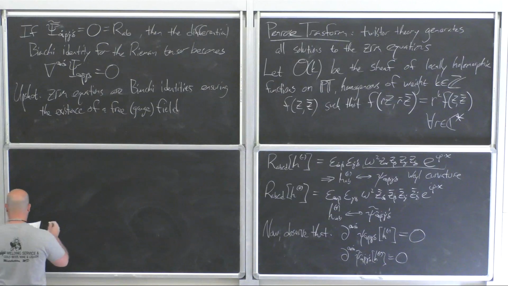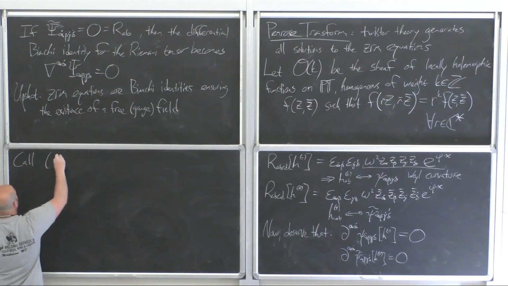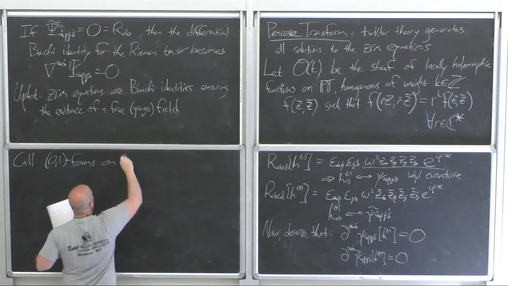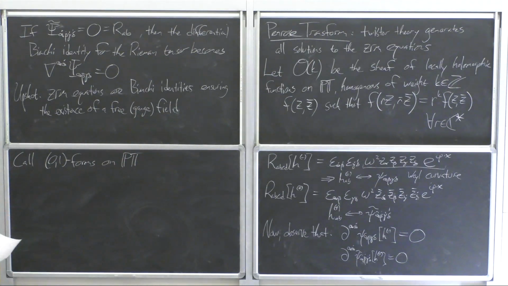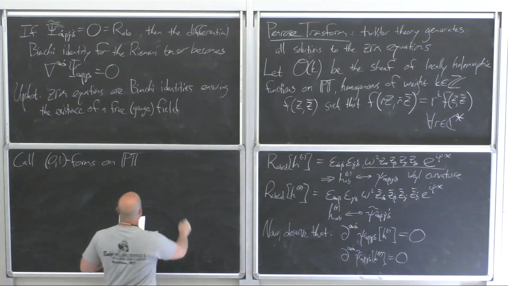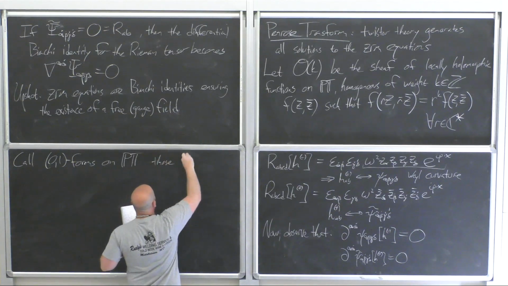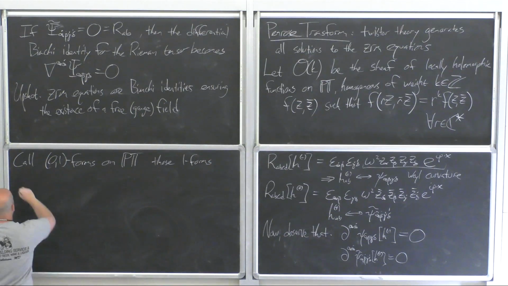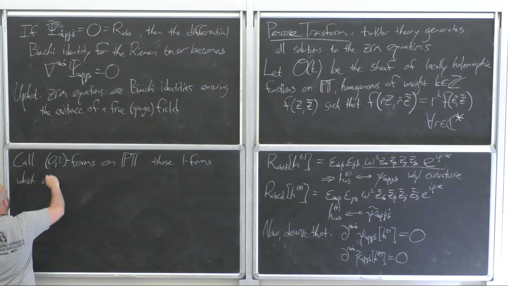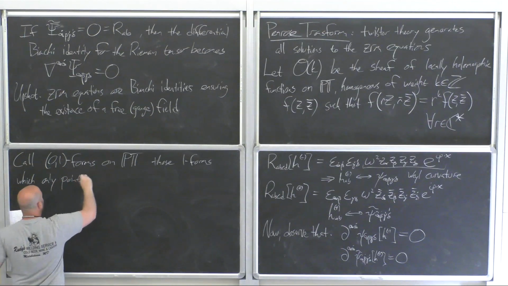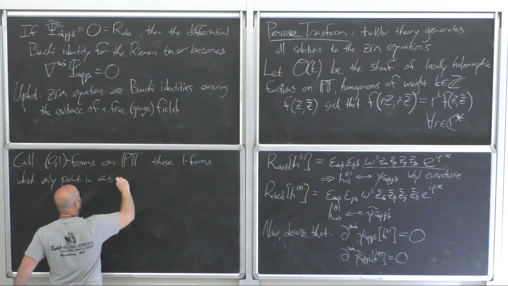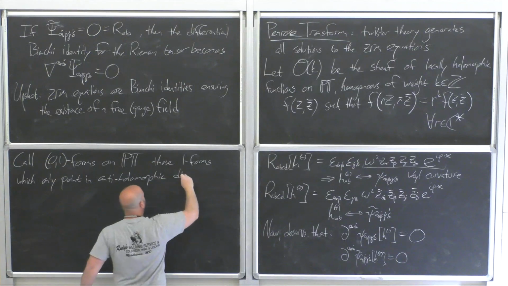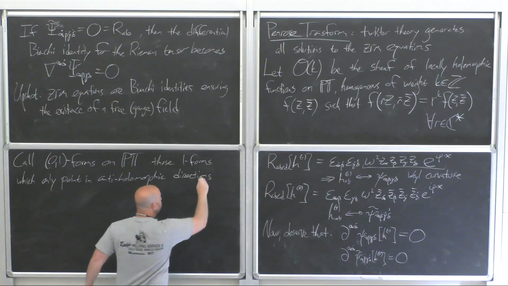Okay, so next bit of terminology, we're going to call 0,1 forms on twistor space those 1 forms which only point in an anti-holomorphic direction. What do I mean by this?